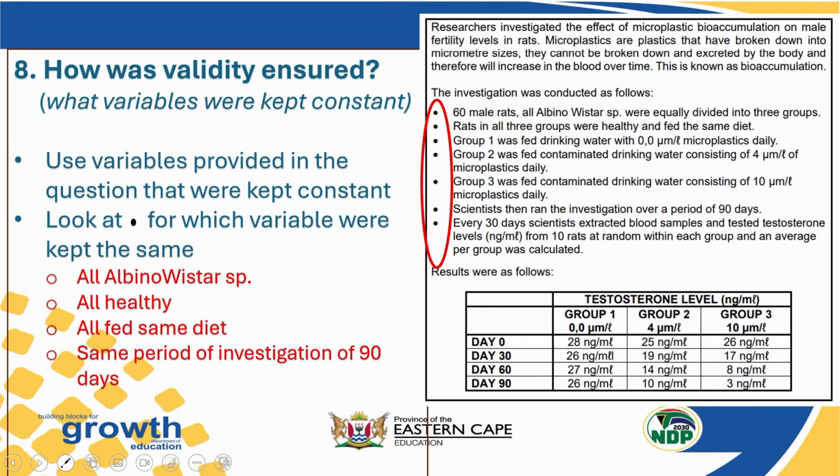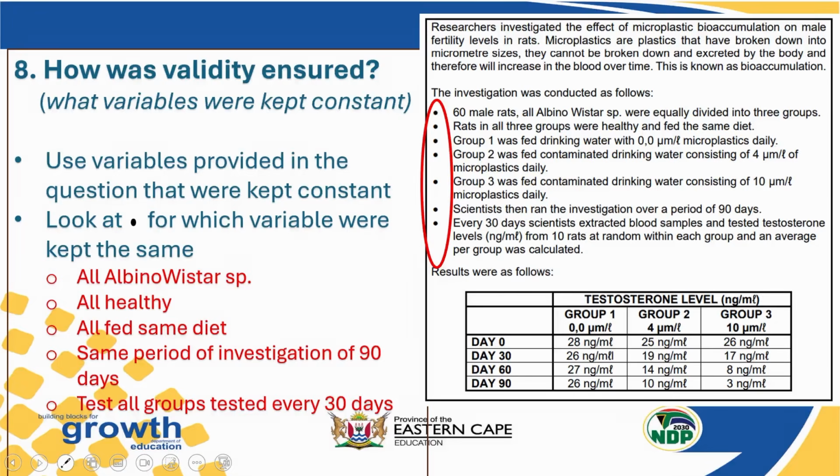The investigation was carried out for the same period of time, which was 90 days. If we look there, they did the investigation over 90 days, so all groups were tested for 90 days. And also, we tested each group every 30 days, so the time period for testing was the same. So these factors were controlled in our investigation.